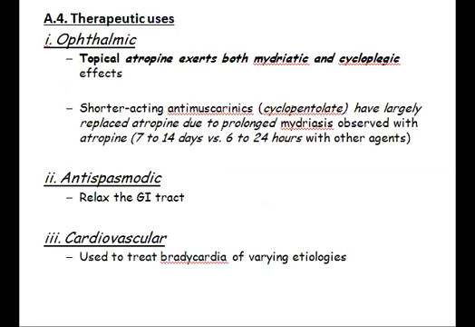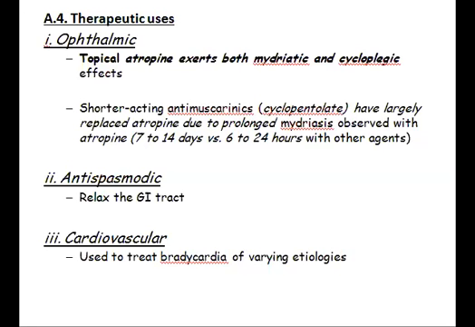The therapeutic uses: we can conclude, depending on the actions of the atropine, that the atropine can be used in ophthalmology as an ophthalmic. The atropine, a topical solution, is used and it exerts both mydriatic and cycloplegic effect.